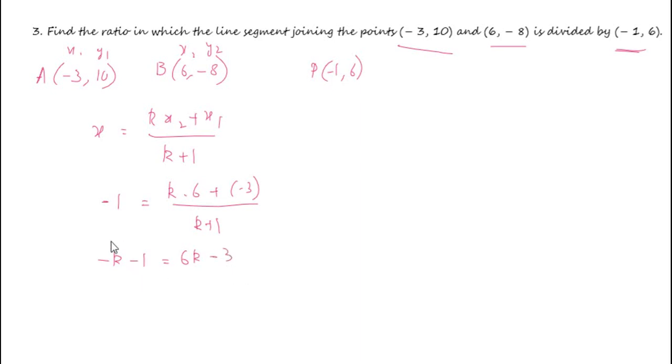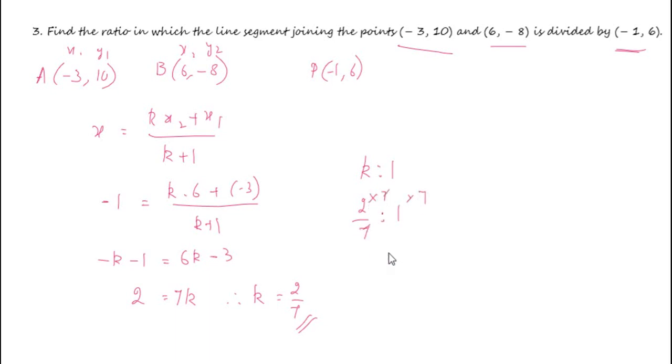I will take 3 to the other side. So minus 3 will become plus 3 and minus 1, so it will be 2. Here it is 6k plus k, it is 7k. Therefore k equal to 2 by 7. So point P divides the line in the ratio of k colon 1. So k is 2 by 7 colon 1. Now let us multiply both sides by 7.